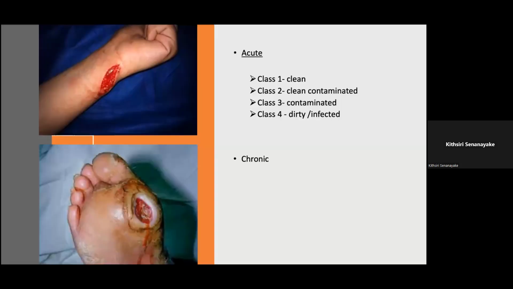However, I would like to classify the wounds according to chronicity, acute and chronic, to decide which type of dressing we need to use. So if you see a wound, the first thing is to see whether this wound is acute or chronic.